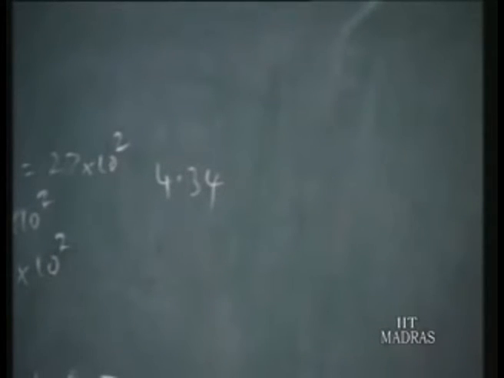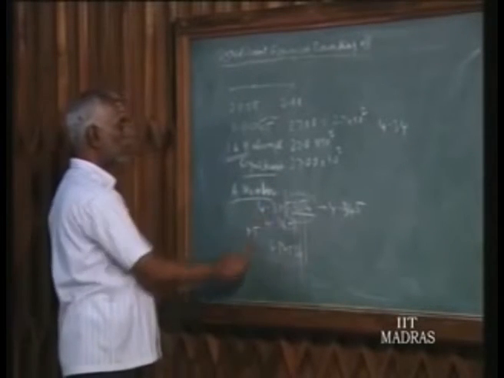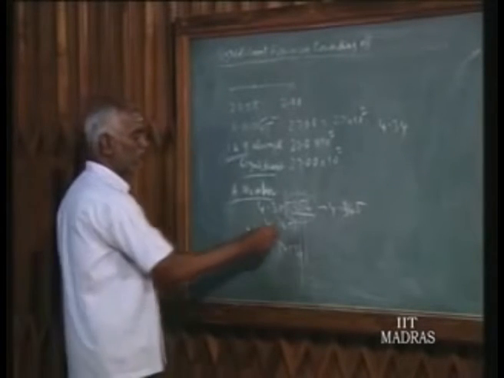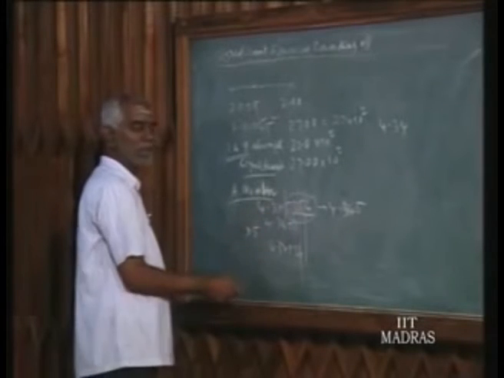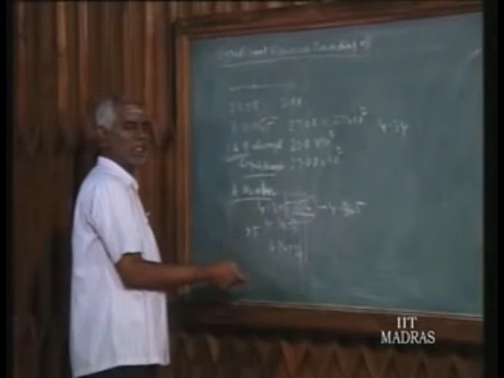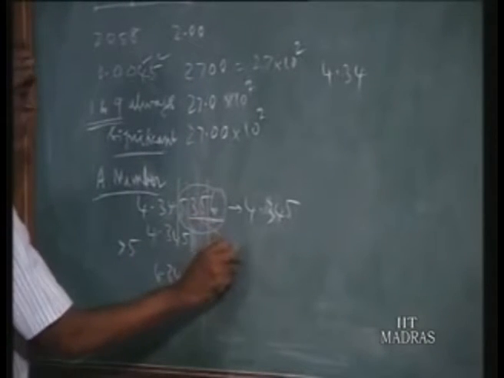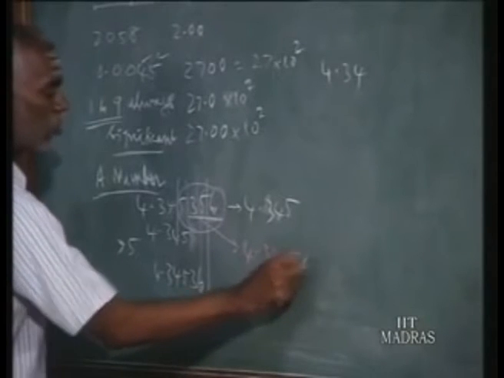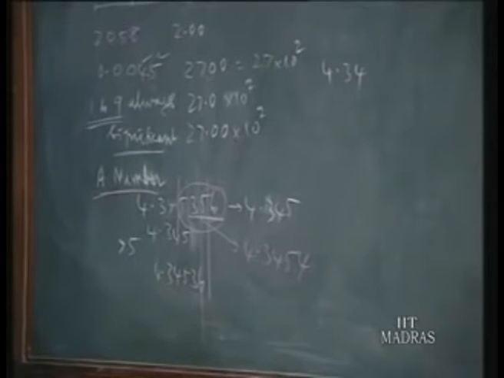Suppose I want to round it off to 4 decimal places. Then we find the discarded number starts with 5, and the desired decimal place has an odd number. So the rounded off number will be 4.3454, because an odd number is increased to the next higher even number.